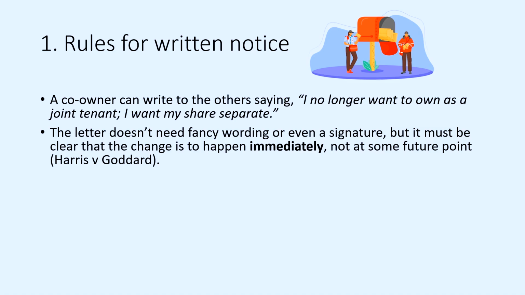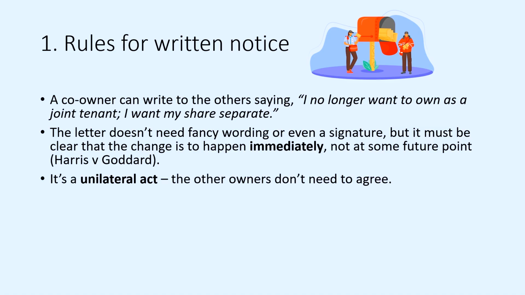It doesn't work to say, oh, when I die, I want to sever my share, or when I finish uni, I want to sever my share, or anything like that. It has to be something that's immediate, otherwise the notice will basically be void and not take any effect.